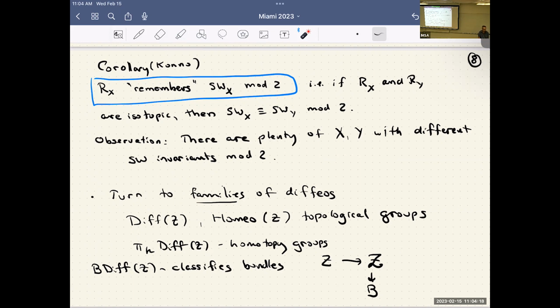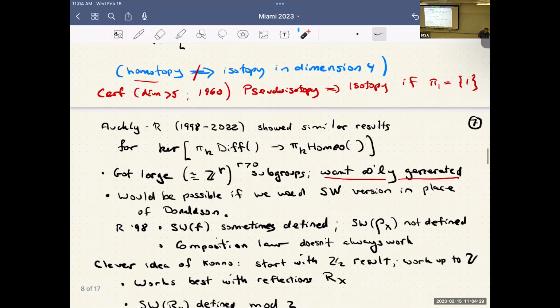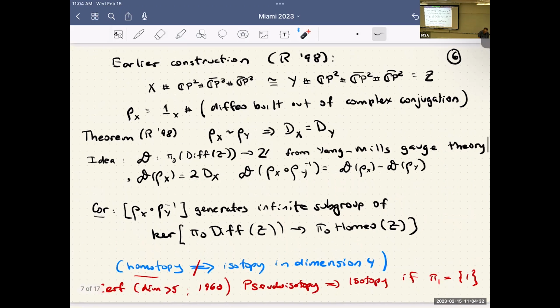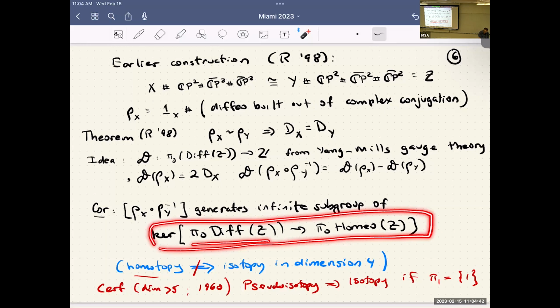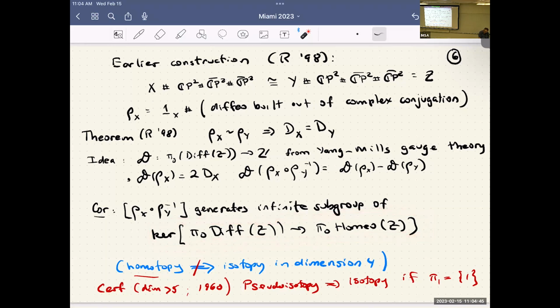There's plenty of examples this way, and there's now other ways of getting at, say, pi one of diffeomorphism groups. I should say, going back to the corollary, by a variation of the original construction, I could show that this kernel was infinitely generated if you restrict it not to the diffeomorphism group, but to what one might call the Torelli group, the subgroup of diffeomorphisms acting as the identity on homology.